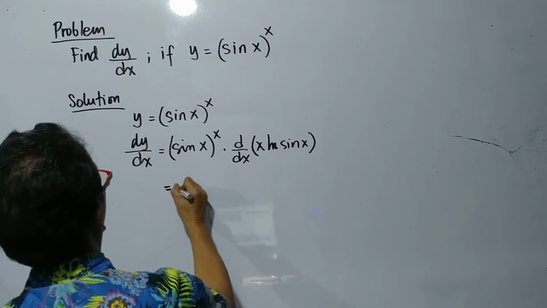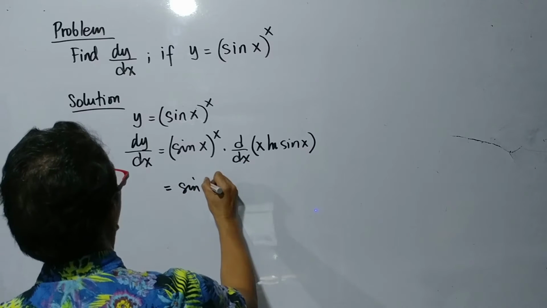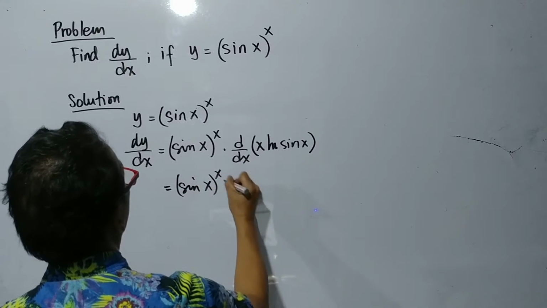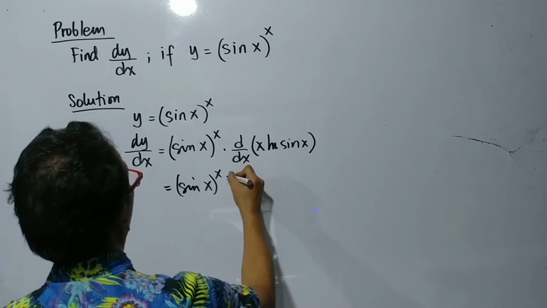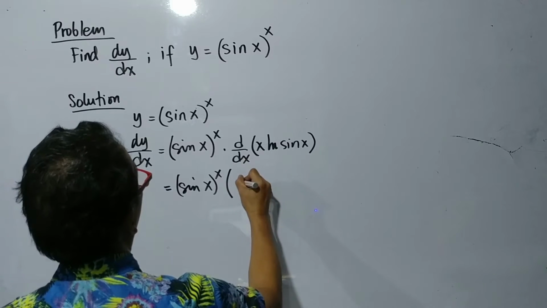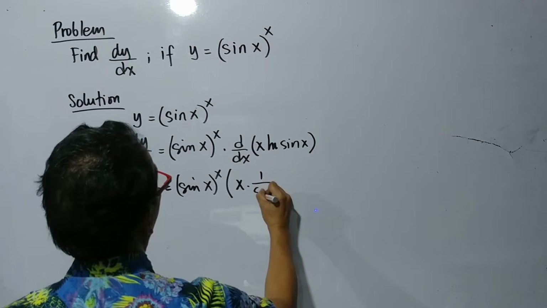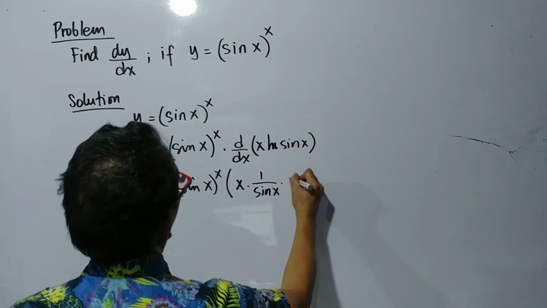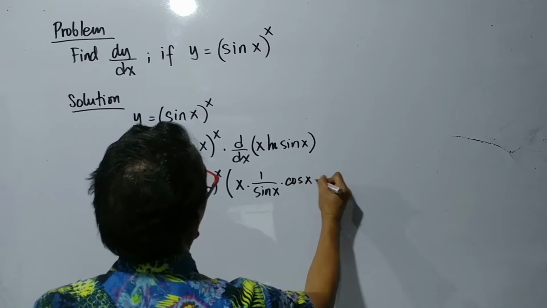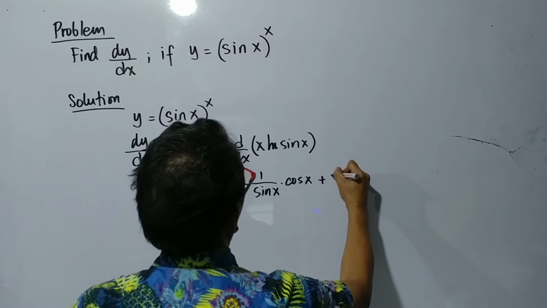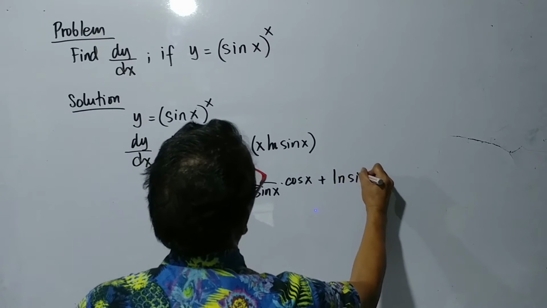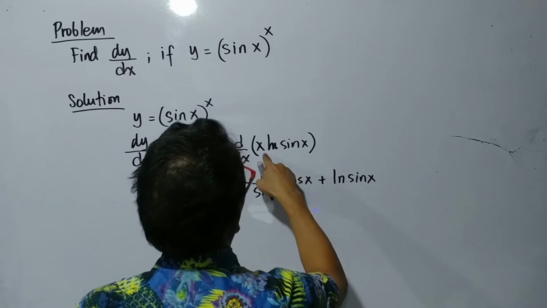So we have now sine of x to the x. Again, this is product rule. We have x times 1 over sine x times cosine of x, plus the natural logarithm of sine x times 1.